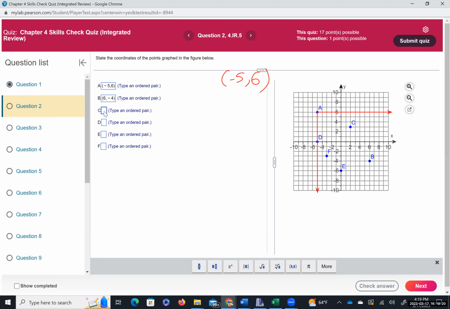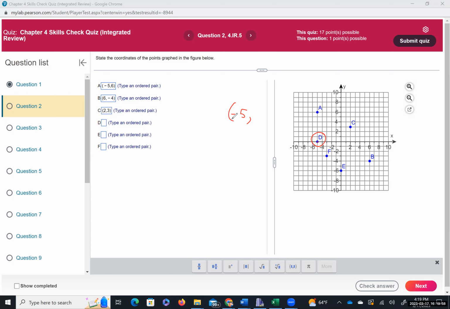C is going to be (2, 3). For D, I would like to make sure you know how to do D. D actually lies on the x-axis. So the x value of D will actually be -5, right?